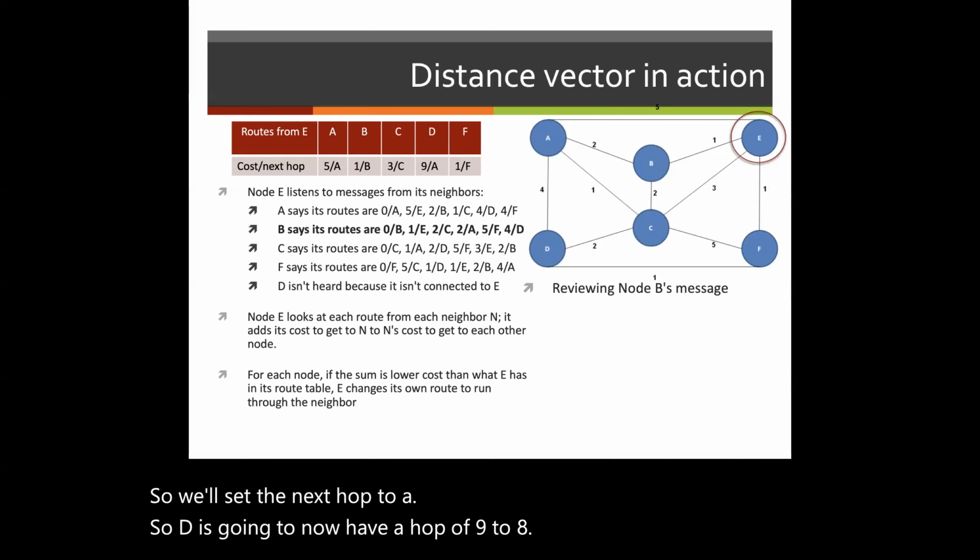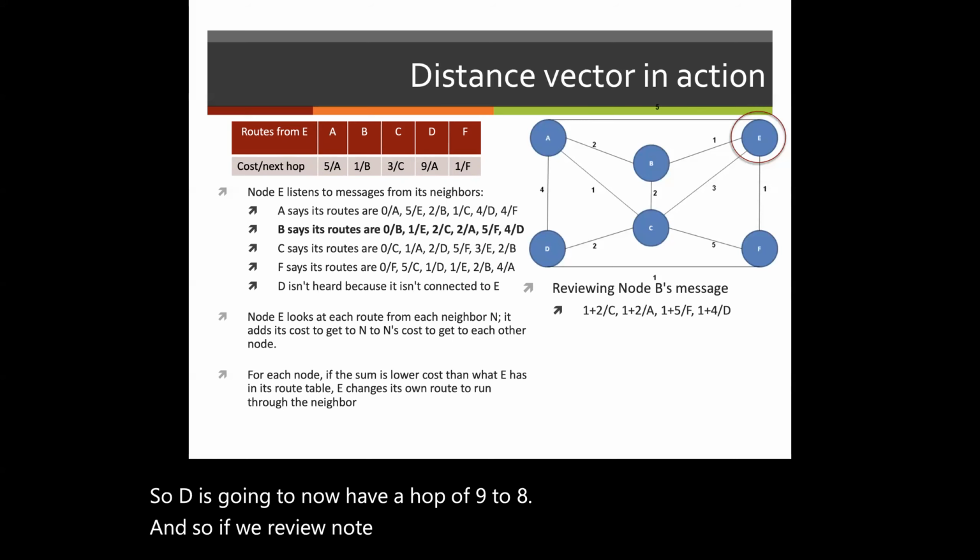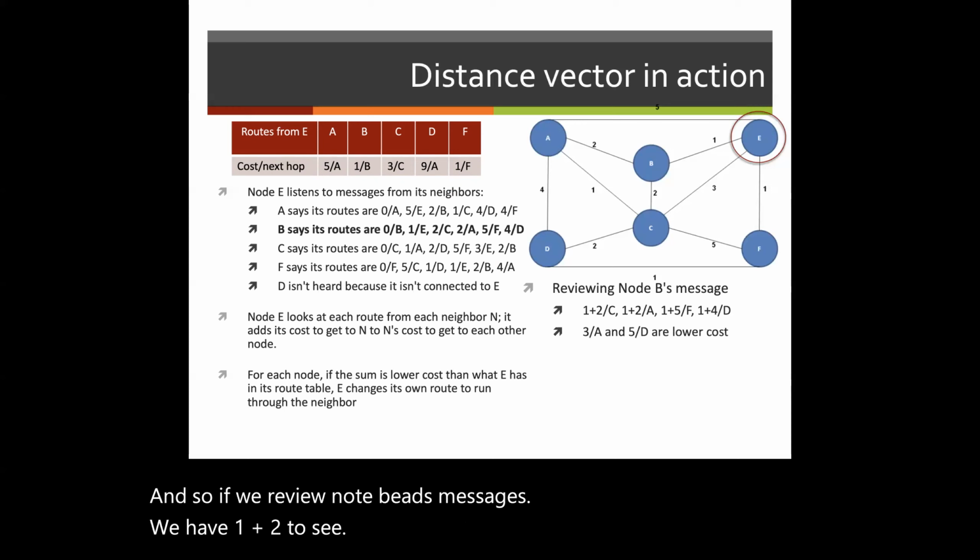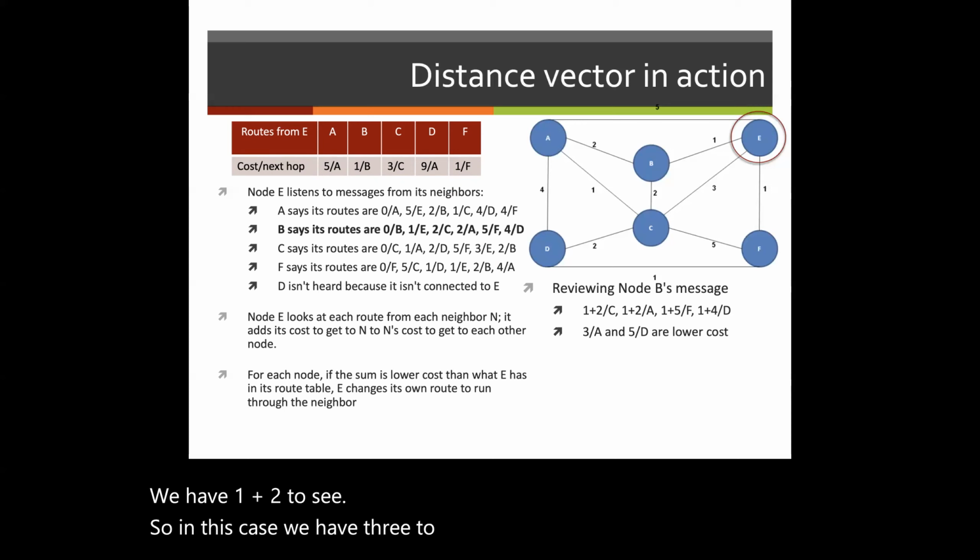So if we review node B's messages, we have 1 plus 2 to C. So in this case, we have 3 to A and 5 to D that are going to denote lower costs.